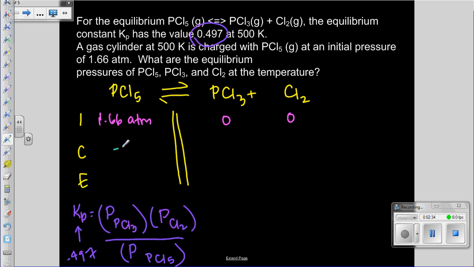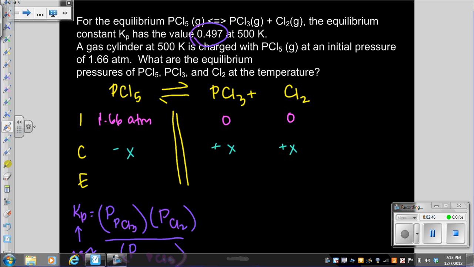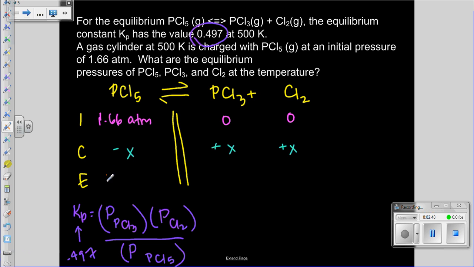So our reactants will go down by X. Our products will go up by X. All of the X's have a coefficient of 1 because that matches the coefficients in the balanced equation. And then on the equilibrium line, if I subtract here, I get 1.66 minus X. If I add here, I get X and X. Now I want to substitute into my expression.